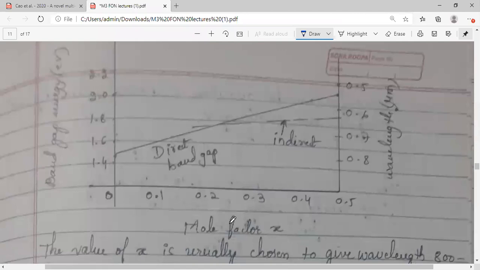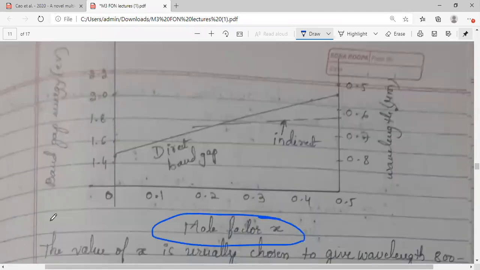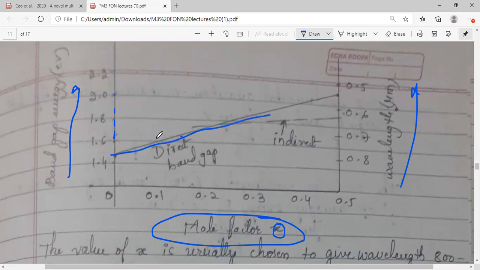This I have drawn here in the graph. You can see here, this is your X mole factor, this is your band gap, and in turn you have the wavelength. If you properly choose the X value, you will get a different value of band gap, and you can see this is for direct band gap, and these dotted lines are for indirect. Now we want this direct band gap.